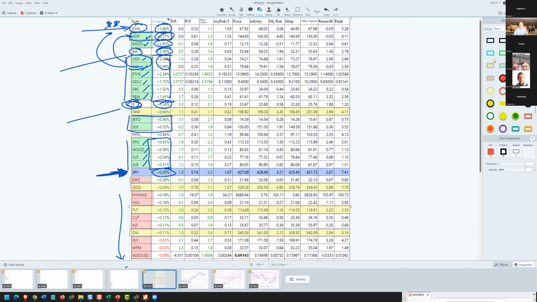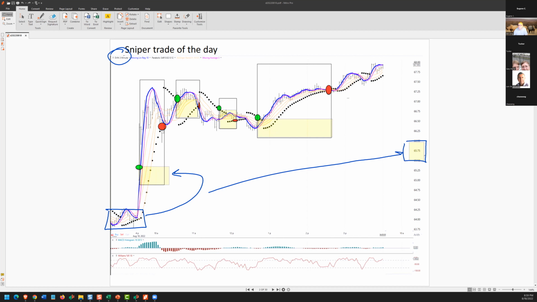All right, sniper trade of the day today was Devon. We were ready for that one based on strength in energy yesterday, so here's how Devon closed. That turns out to be the same as the minimum manageable risk box from the R10, rounded up to 10 cents.